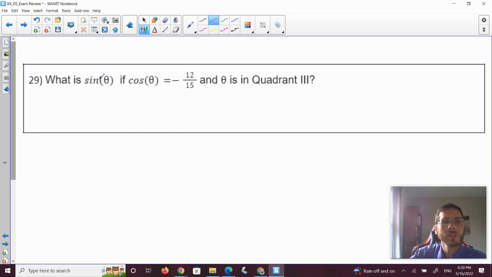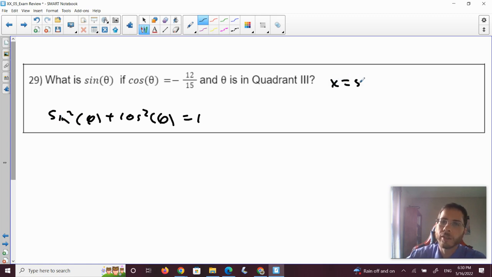For 29, what is sine if cosine is negative 12 over 15 and theta is in quadrant 3? So first off, we're going to do sine squared of theta plus cosine squared of theta is equal to 1. So sine squared of theta is what we're trying to find. So we'll make x equal sine of theta. So we have x squared plus negative 12 over 15 squared equals 1.